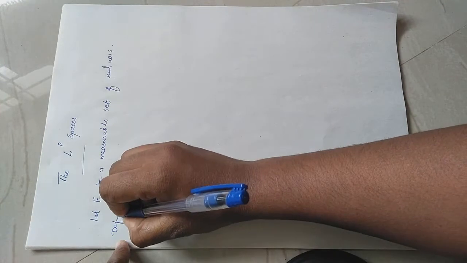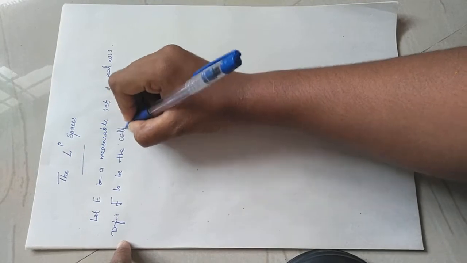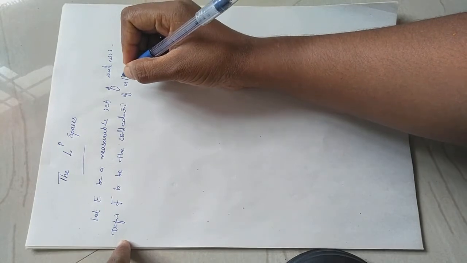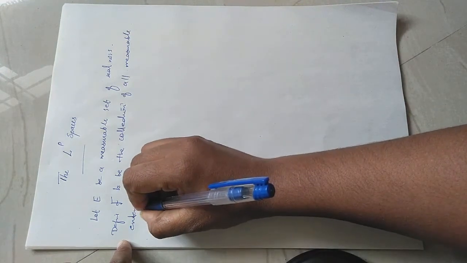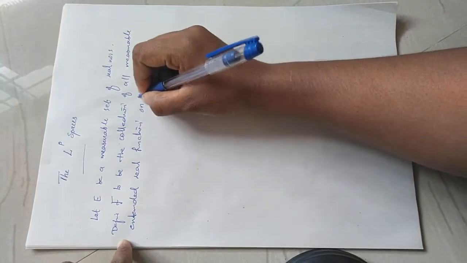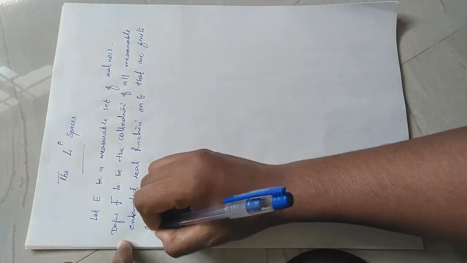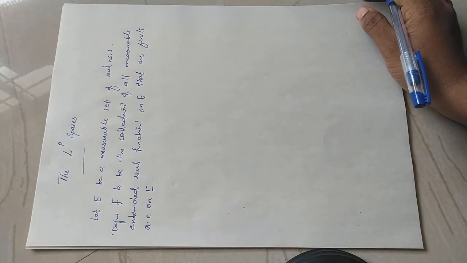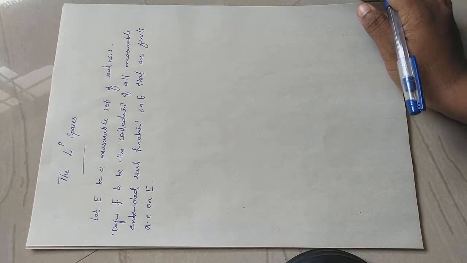and define F to be the collection of all measurable extended real functions on E that are finite almost everywhere on E. In order to define the LP spaces, this space consists of, first of all, measurable functions.